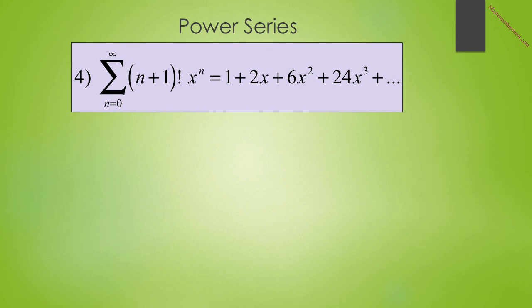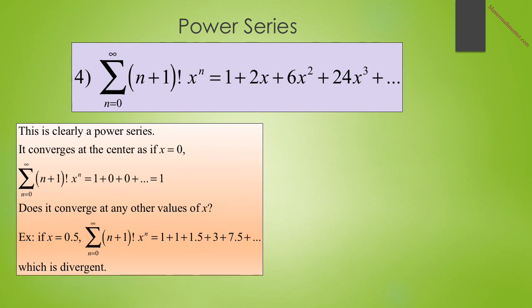Problem 4 asks to find the radius of convergence of the series summation n equals 0 to infinity of n plus 1 factorial x to the n. Expanded, we find that that is 1 plus 2x plus 6x squared plus 24x to the third plus dot dot dot.